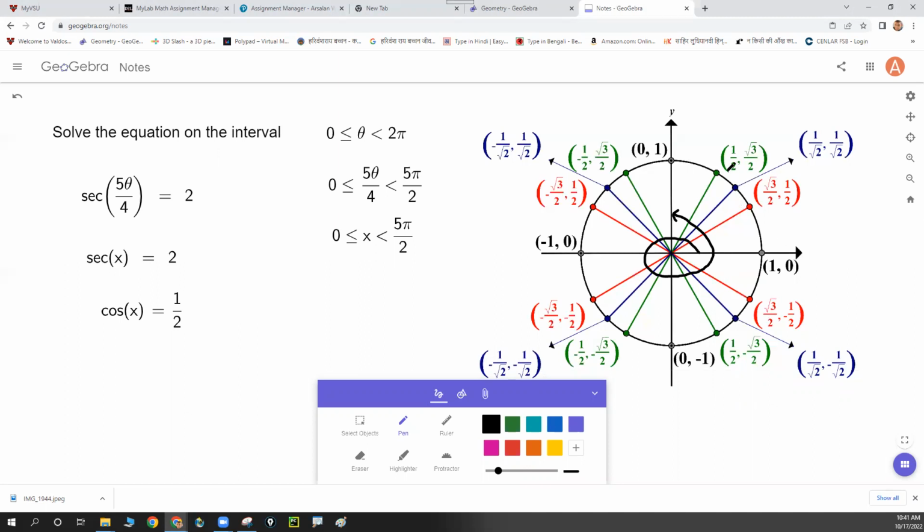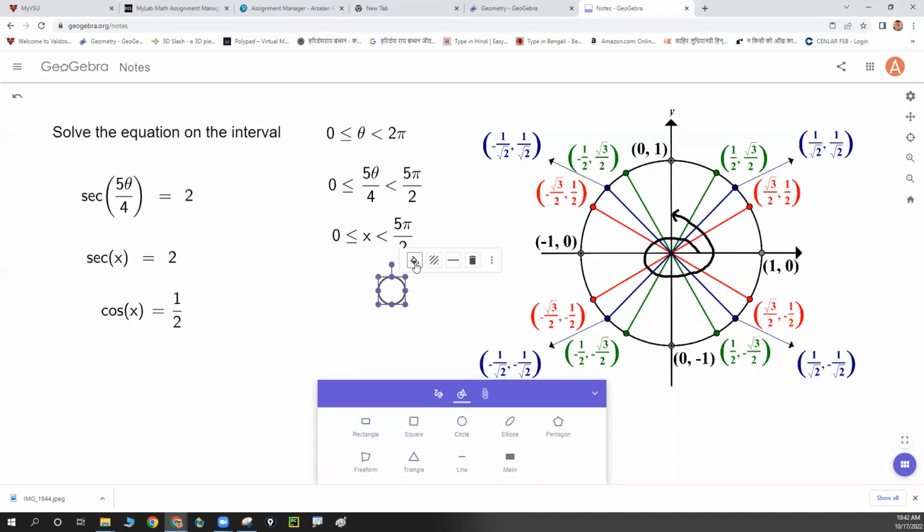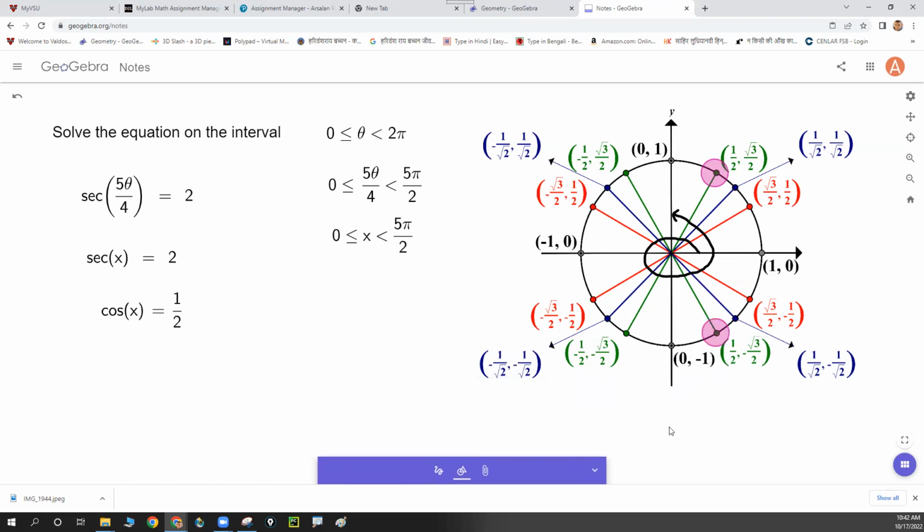Cosine x is going to be half here. This is correct. And I have one more place right here. So I'm already getting 2 answers, and you have to make sure you get both answers.